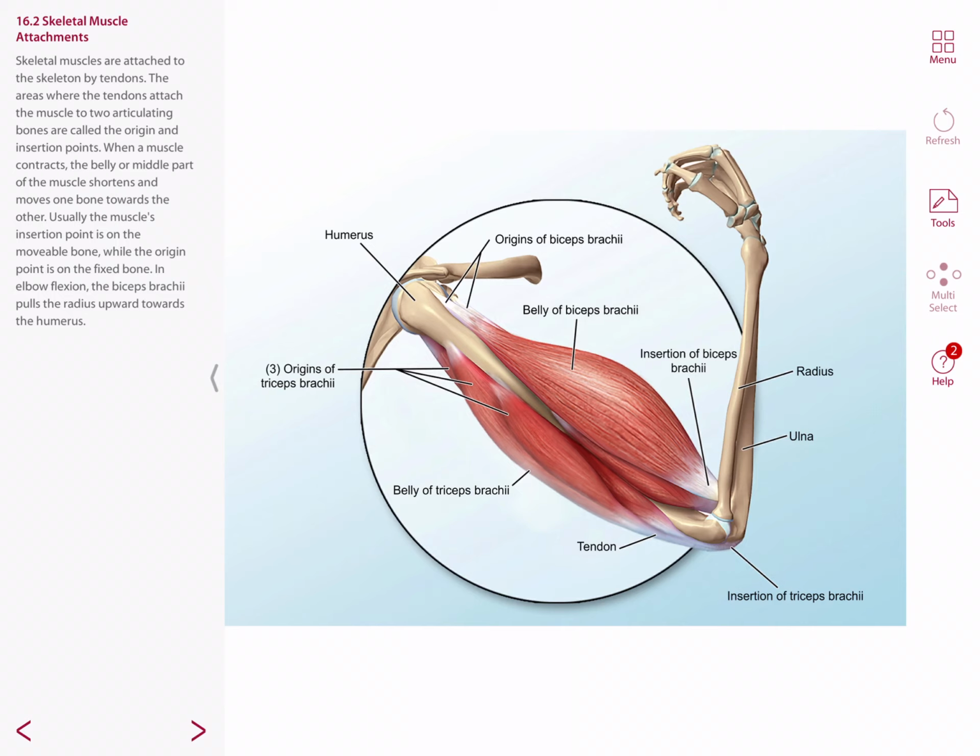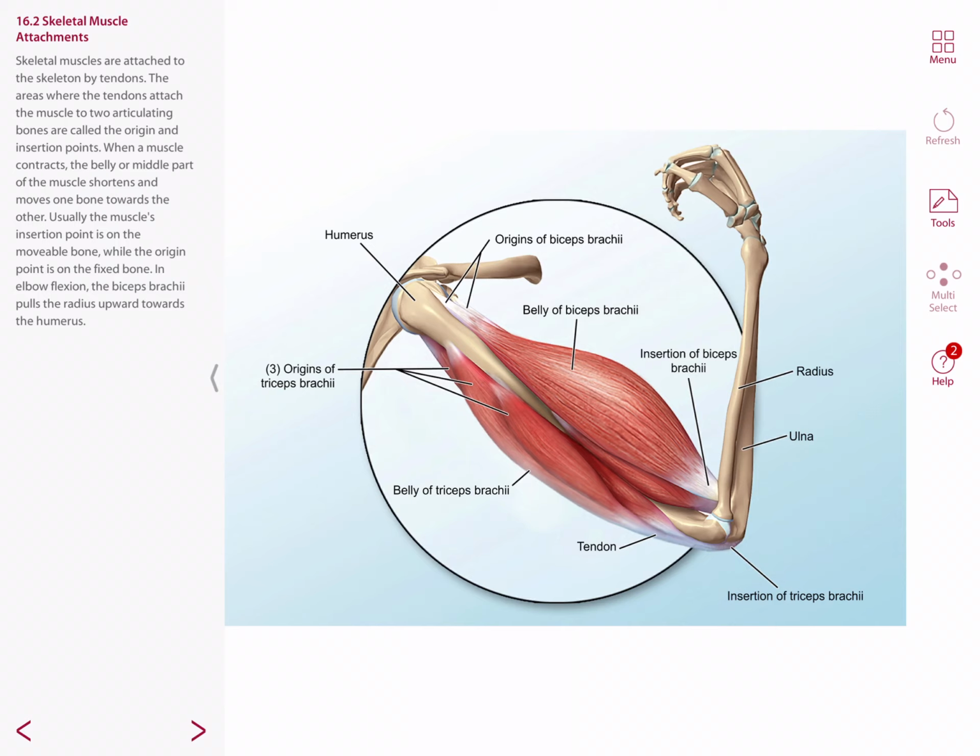We've got the biceps brachii here, and the origin, you can see there, is on the, well, you can't quite see it, but it's going to be on the scapula there, and they kind of block it off. But the scapula is the non-moving bone. That's the point I'm trying to drive home here. The insertion will be on the moving bone.